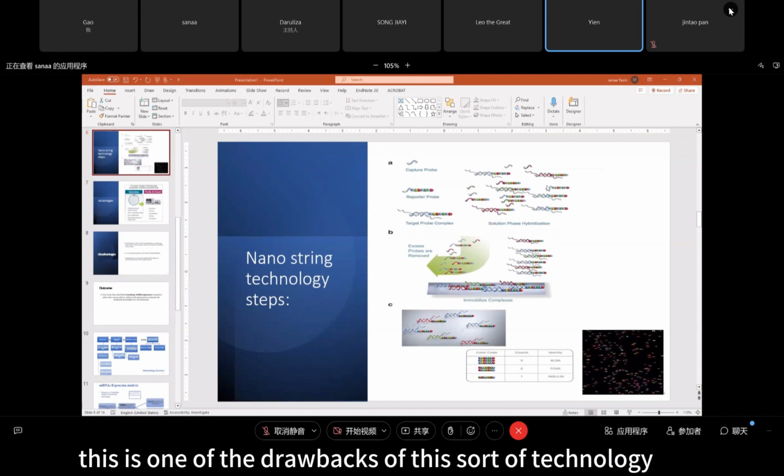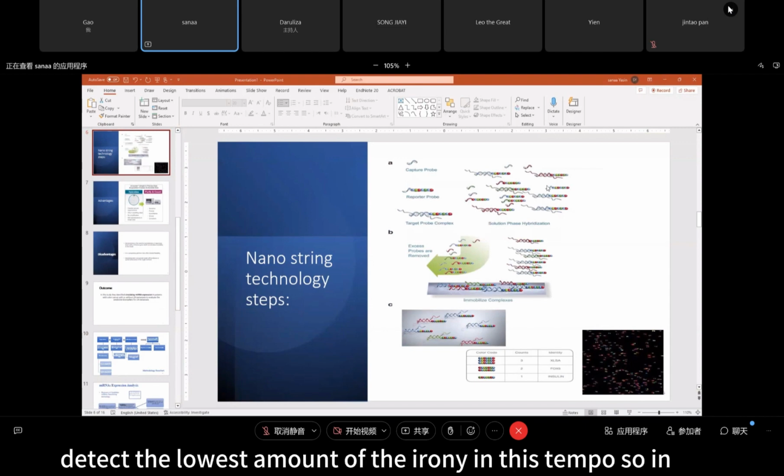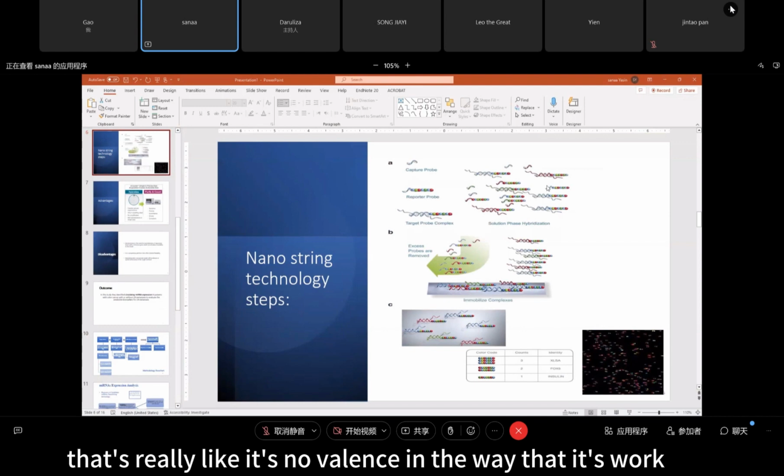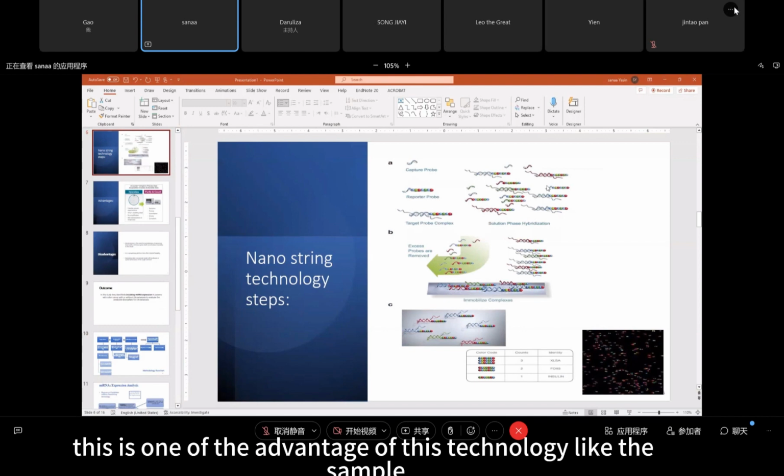This is one of the drawbacks of this technology, but they developed it in such a way that it can specifically detect the lowest amounts of RNA in the sample, so it's balanced in the way that it works. This is also one of the advantages of this technology.